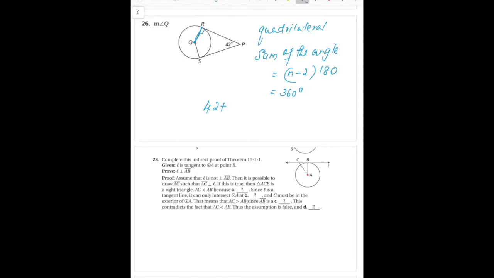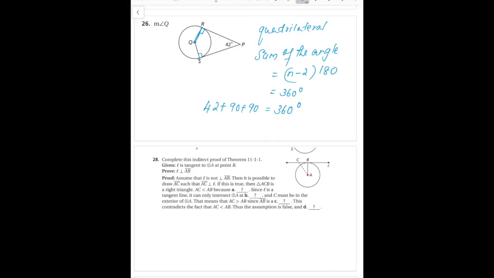So we learned that this angle is going to be 90 degrees. And PS is a tangent and QS is a radii. So this angle is also going to be 90 degrees. So 42 plus 90 plus 90 is equal to 360 degrees.